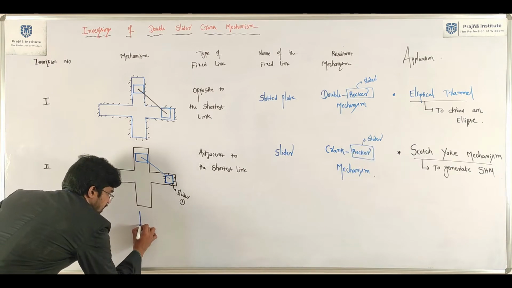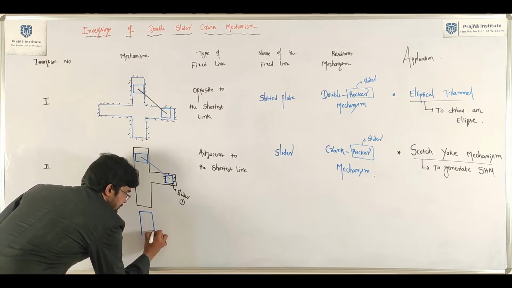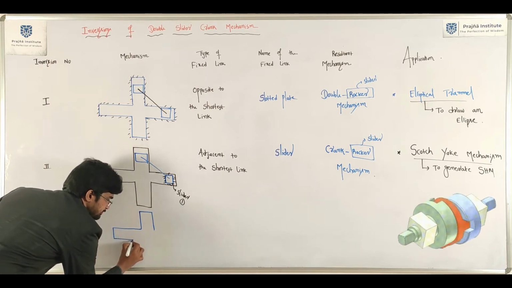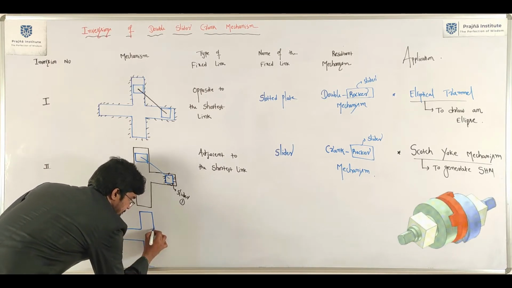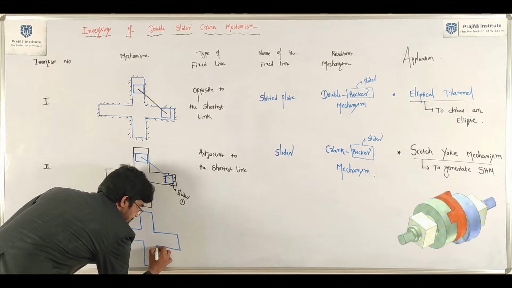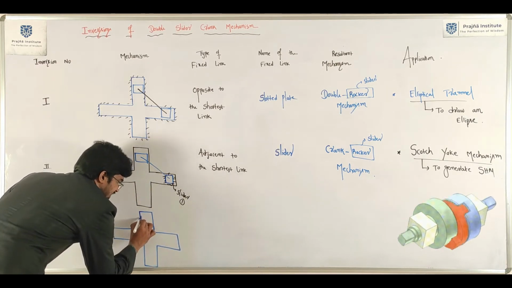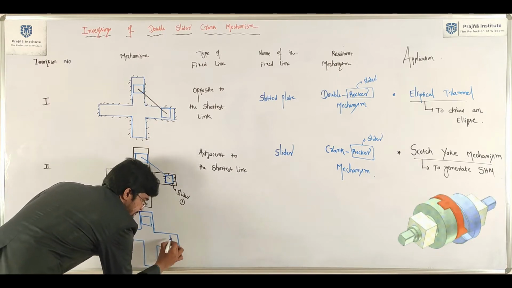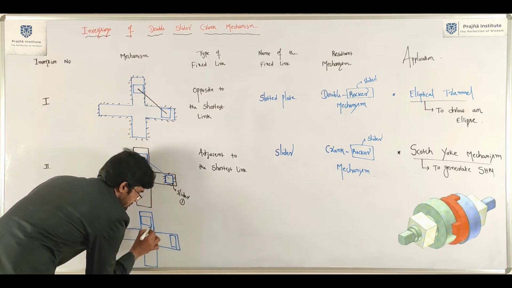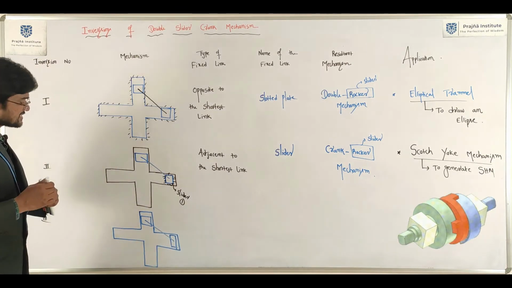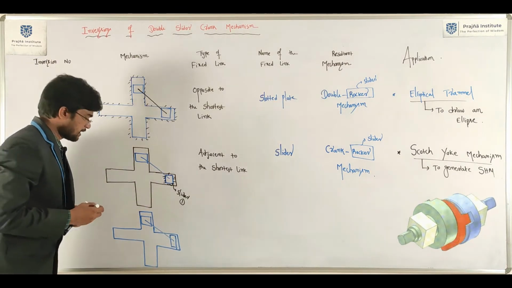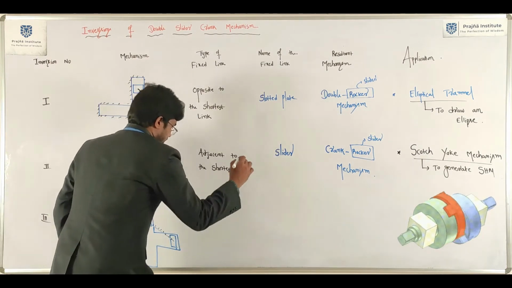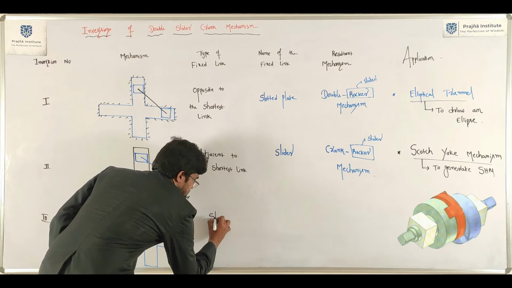Now, the third inversion. Two sliders we need to draw. In this case, we are fixing the coupler link. The shortest link is fixed.